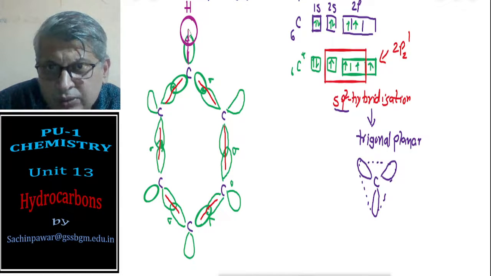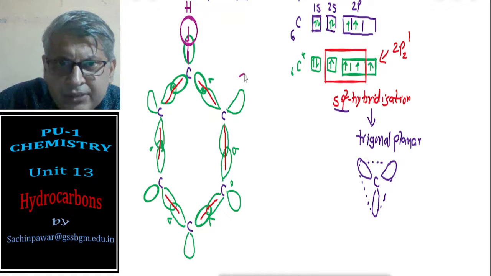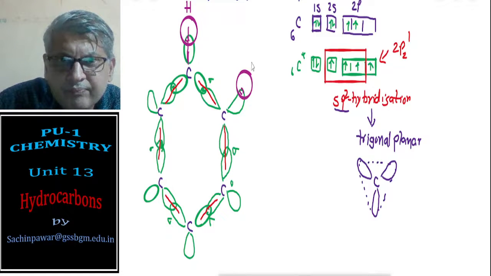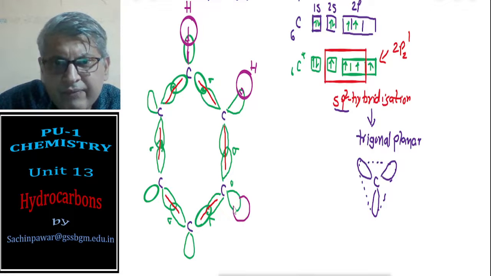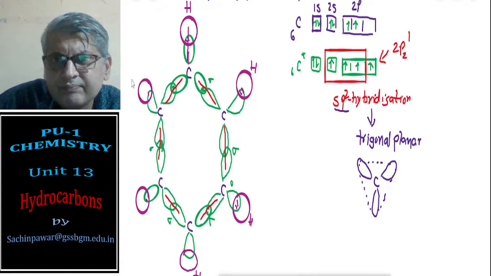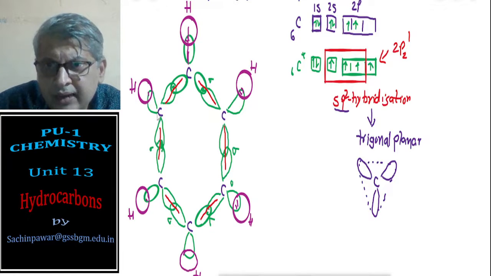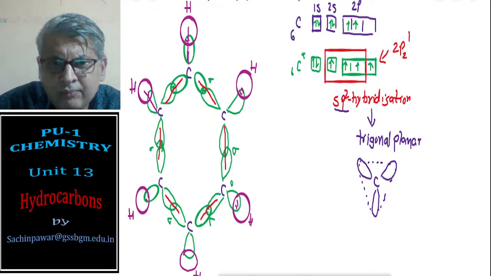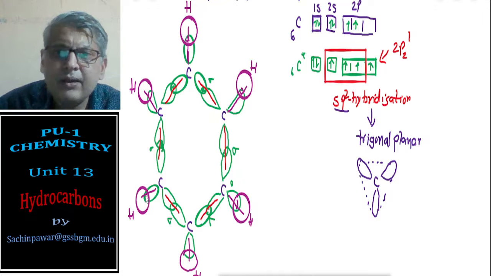Like this it happens on all 6 carbon atoms. So these are carbon hydrogen sigma bonds.